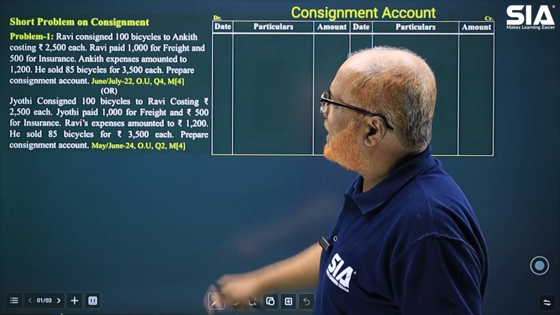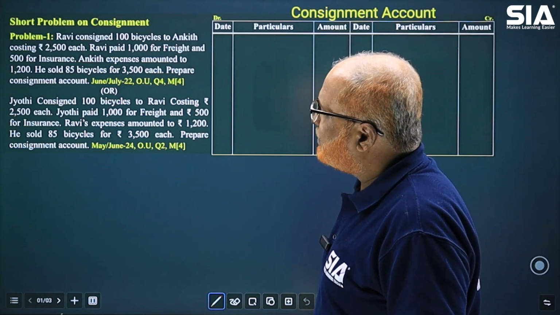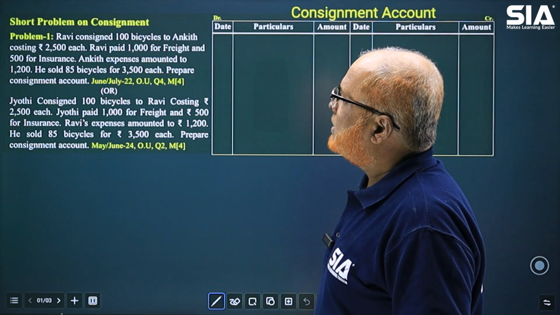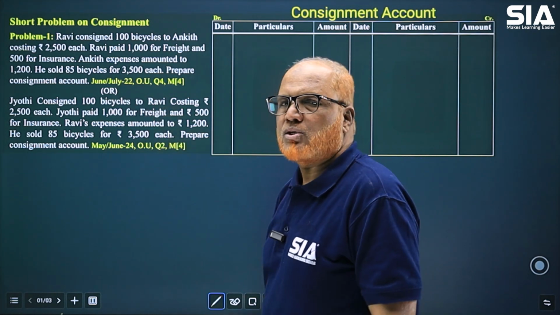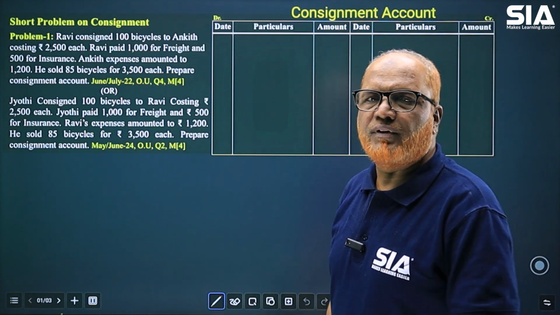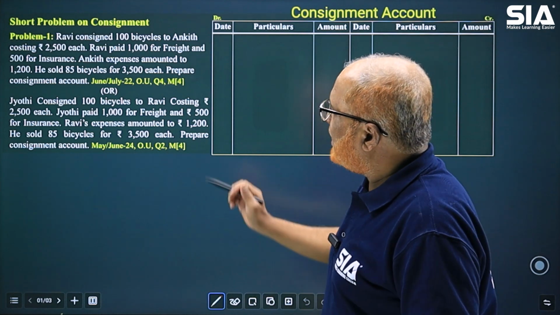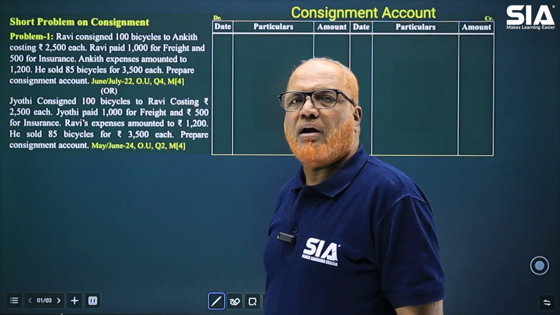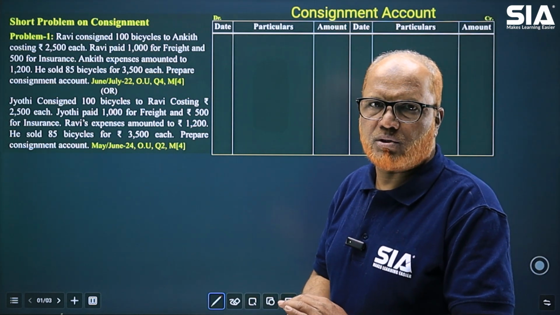Then he sold 85 bicycles for 3,500 each. Prepare consignment account. Out of 100 bicycles, 85 bicycles are sold. So the remaining 15 bicycles are unsold stock. So ultimately, finally, we are required to make the consignment account.